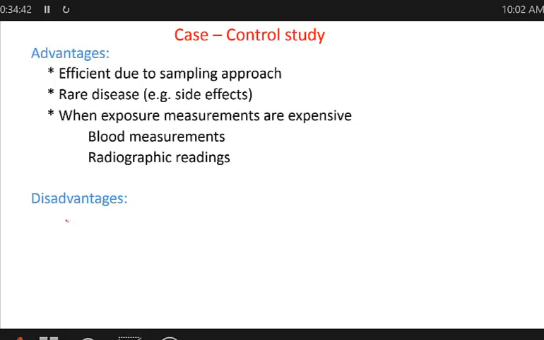And if you can't measure everybody, to measure most effectively, grab everybody with the outcome, the cases, first. It doesn't have to be everybody. If you can do only 50, that's fine. But then match people with that disease, and then you measure the assay. So that's the only case where you do a case control study.